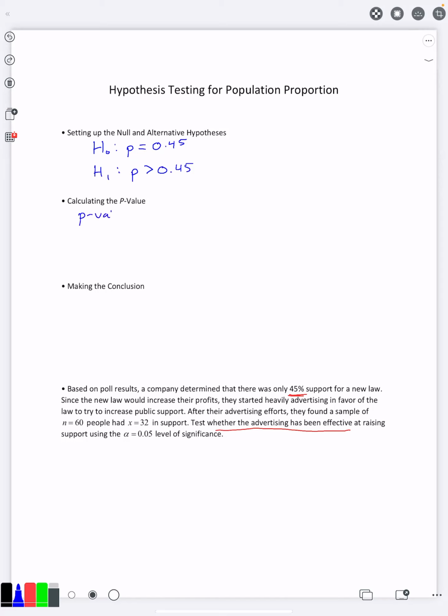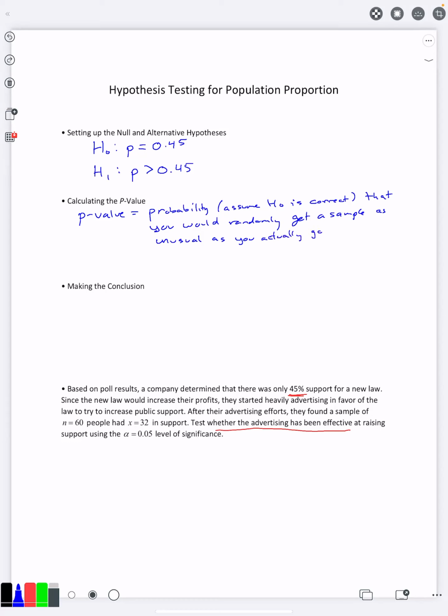So the p-value is the probability, assuming H0 is correct, that you would randomly get a sample as unusual as you actually got. That's a little bit confusing when we say it like this. Let me try to extrapolate on that.